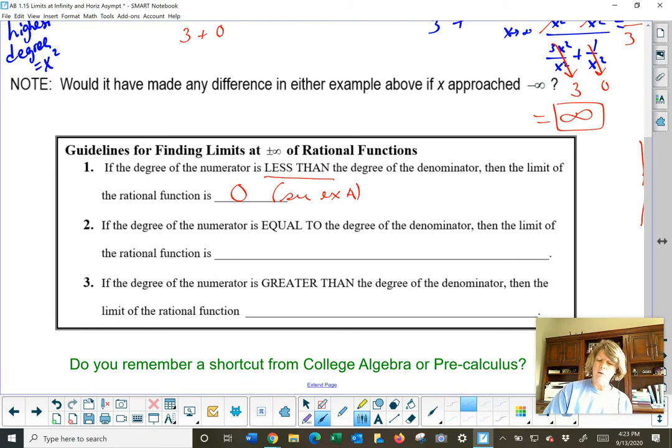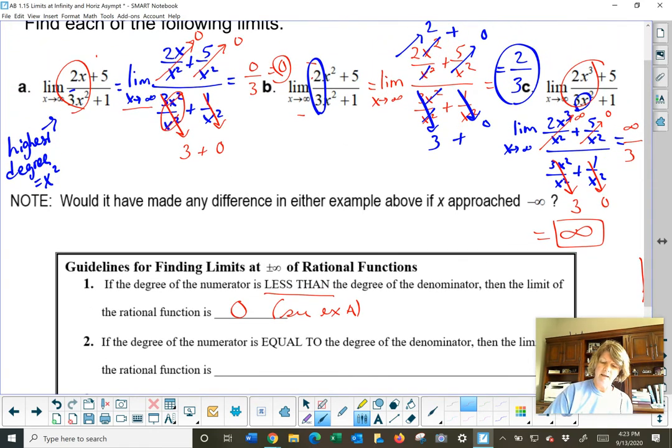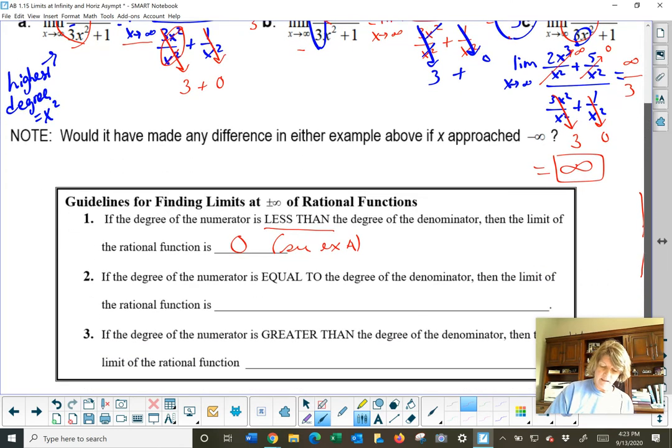If the degree of the numerator is equal to the degree of the denominator, then the limit of the rational function turns out to be, well, this one turned out to be 2/3, which is just the coefficients of those 2 terms.